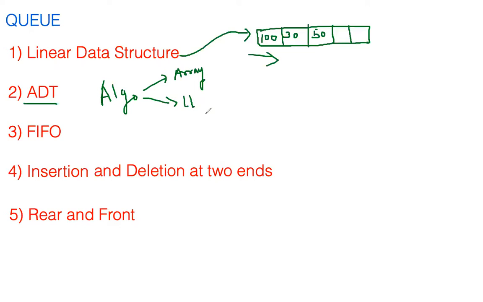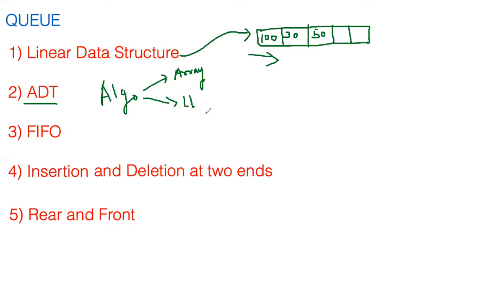However, if you are using an array or linked list, the algorithm for the application of queue will not show you the details about whether it is implemented using an array or linked list. That is the reason why queue is known as an abstract data type, where the operations, insertion, deletion, searching, traversing, and access are of main importance.